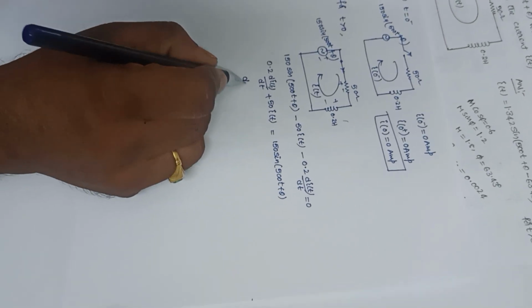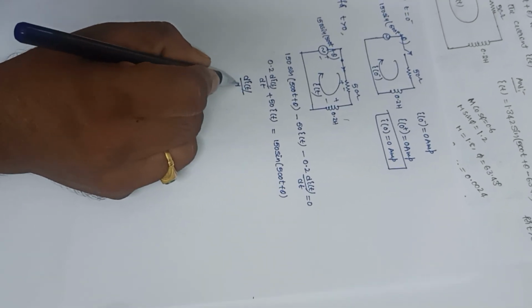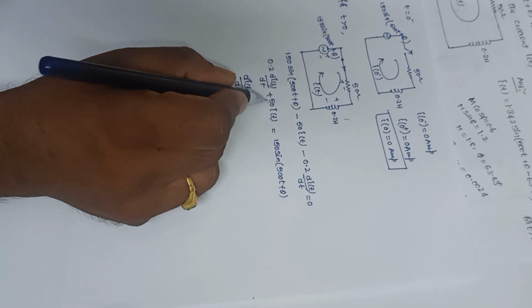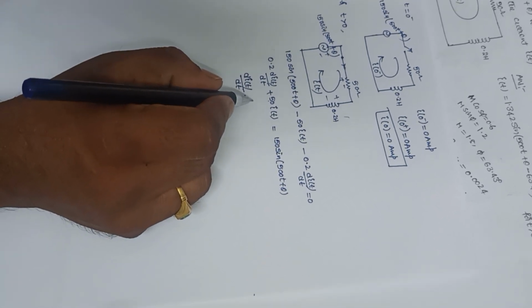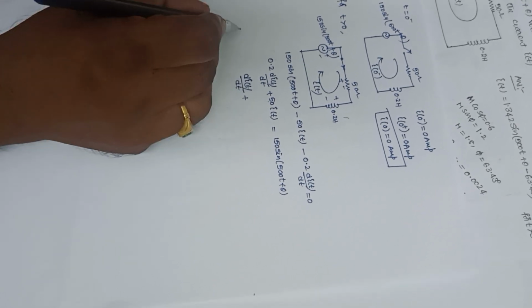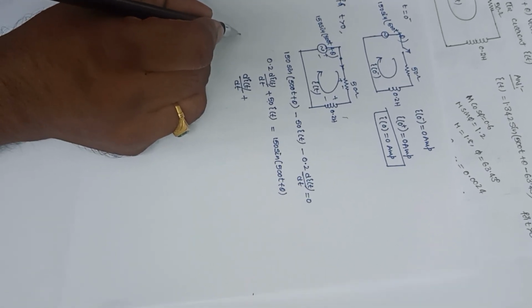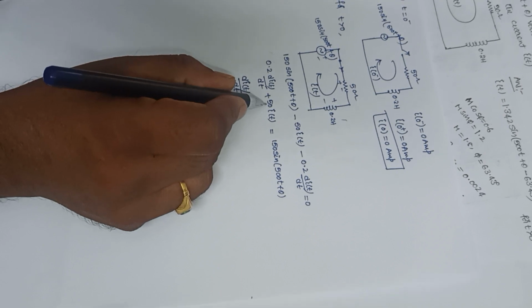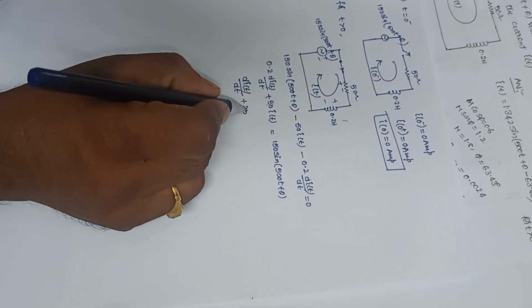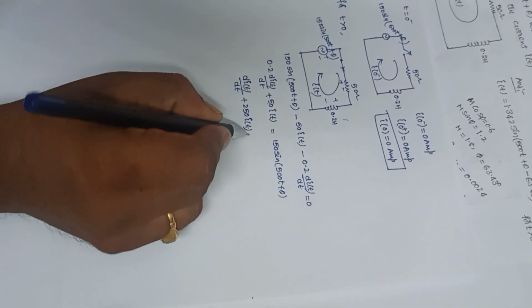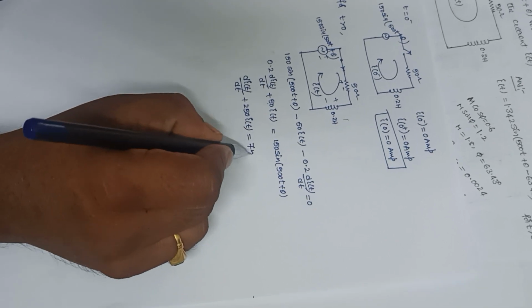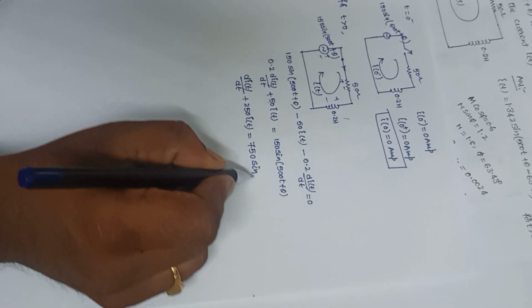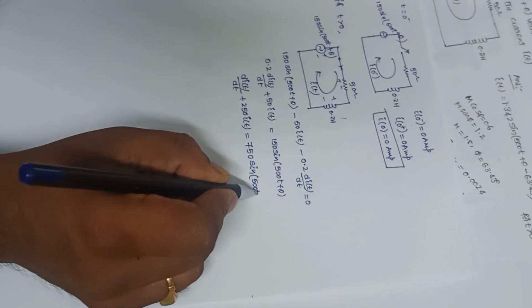Rewrite this: di of t by dt plus 50 by 0.2, that means 1 by 0.2 is 5, so 5 into 50 is 250, 250 into I of t. So 150 into 5 is 750, 750 into sin(500t plus theta).